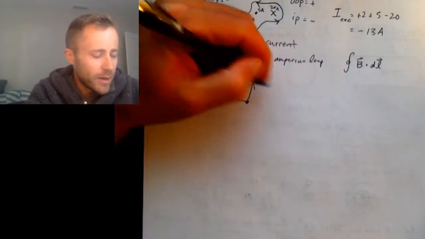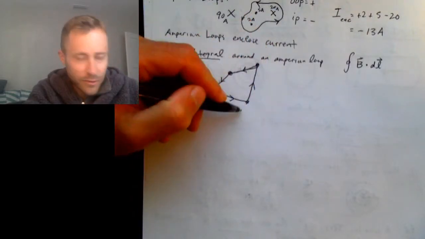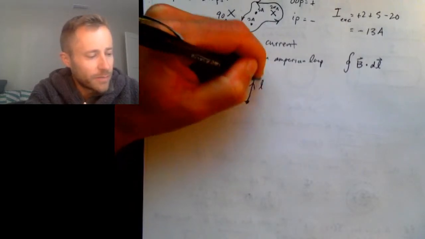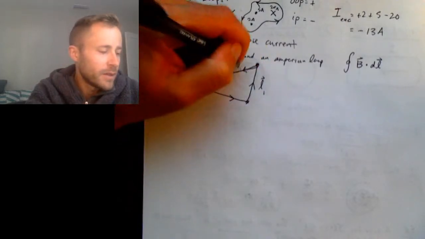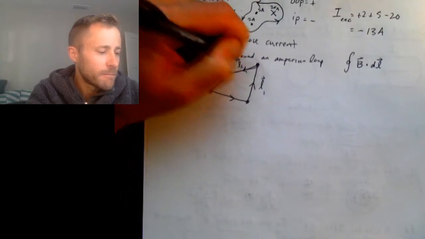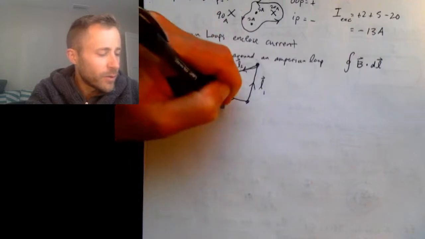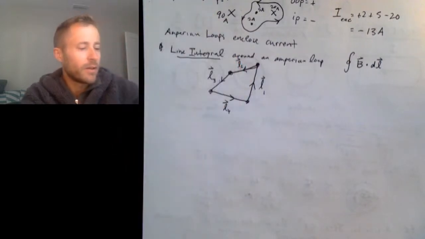And so we're going to call the vector that goes from the beginning of the segment to the end of the segment L. So L1, L2, L3, and L4. All right.